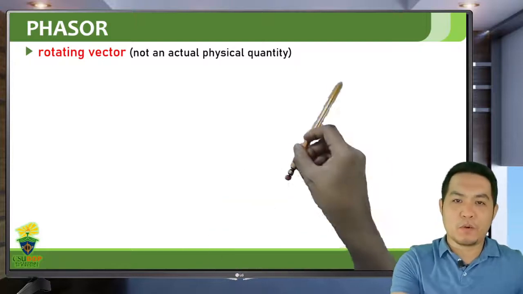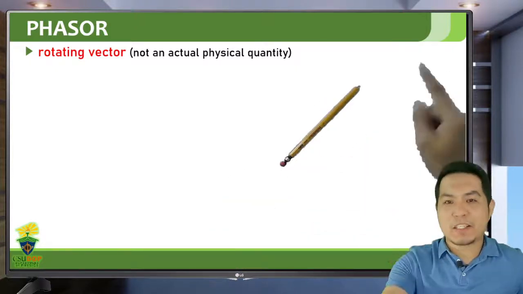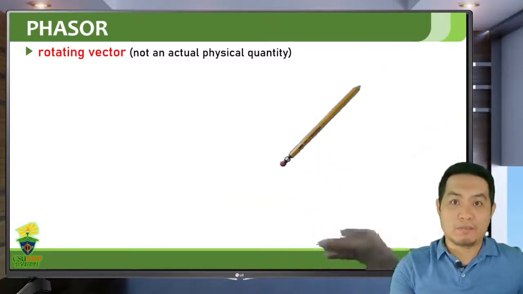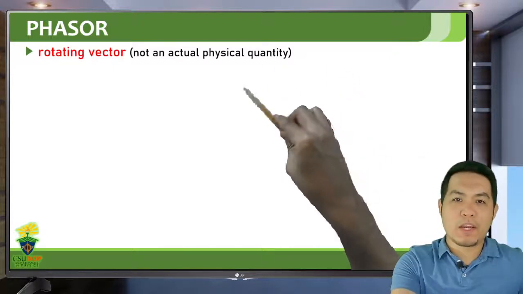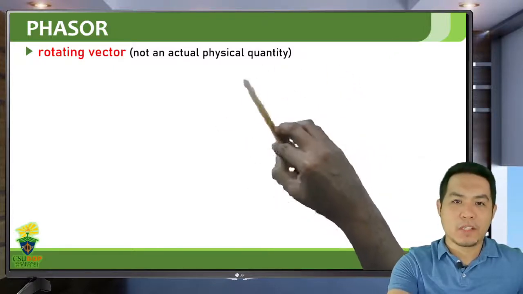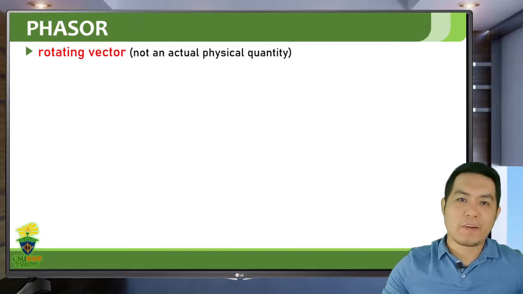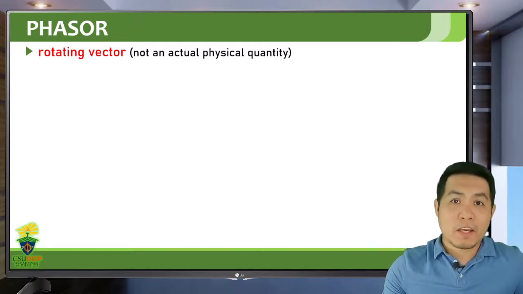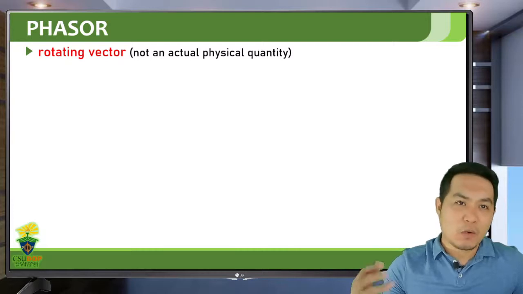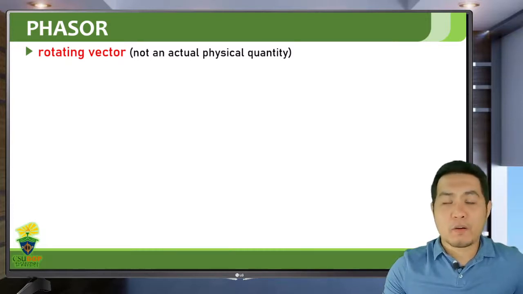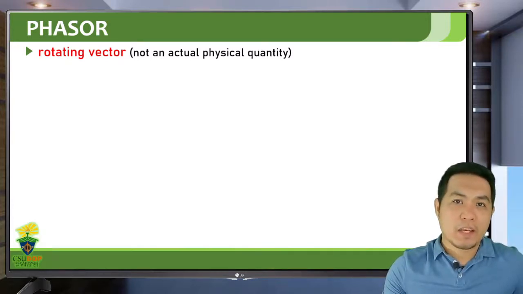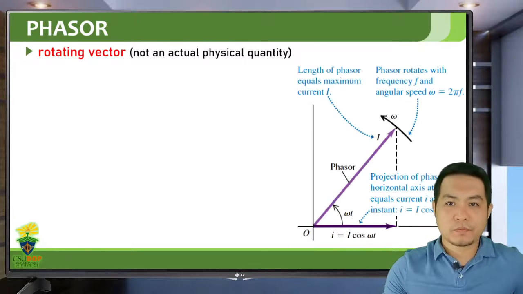If you look at this pencil as a vector, say an arrow, then it's always rotating, always changing direction. That's a phasor. A phasor is not actually a physical quantity, but a geometric entity. We use the concept of phasors in describing alternating current and alternating voltage.